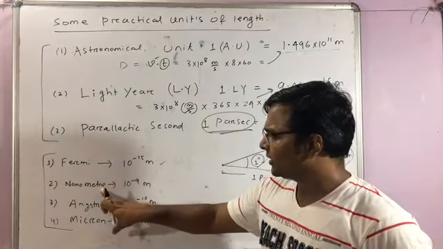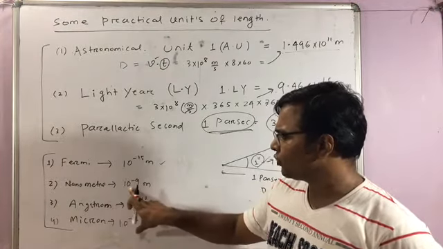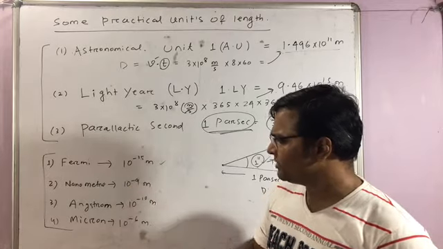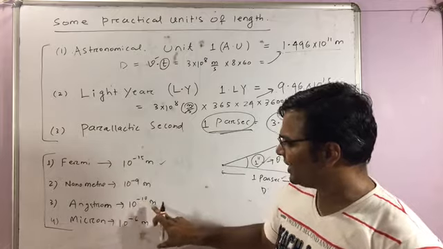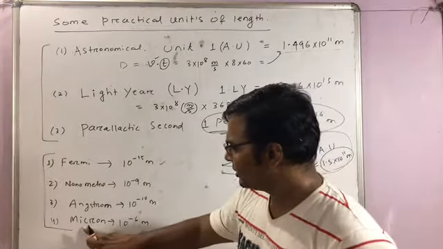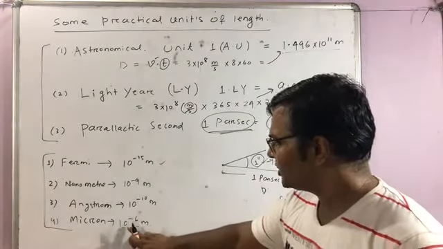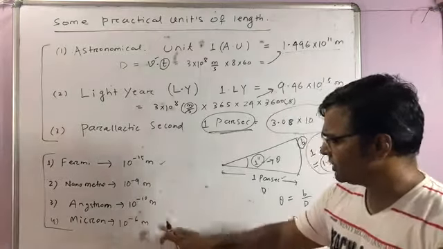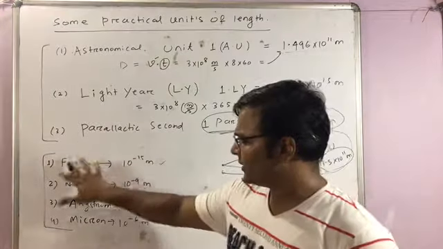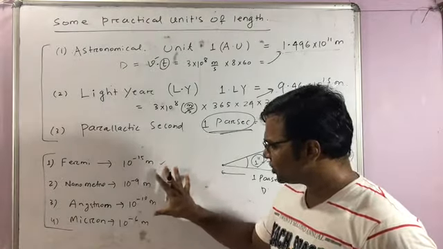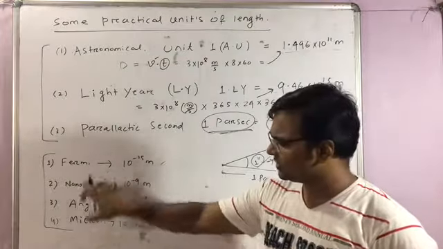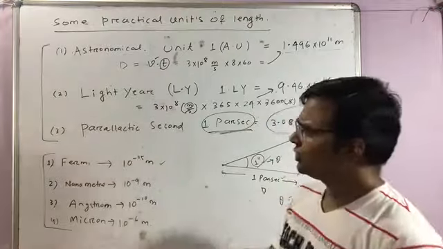Another one is called nanometer. Nano is 10^-9 meter. Another unit is called angstrom, which is 10^-10 meter. And another unit is called your micron, which is 10^-6 meter. These distances are used in molecular structure, atomic structure or nuclear structure. Clear?